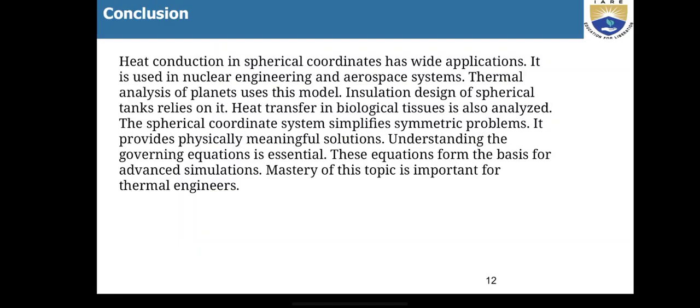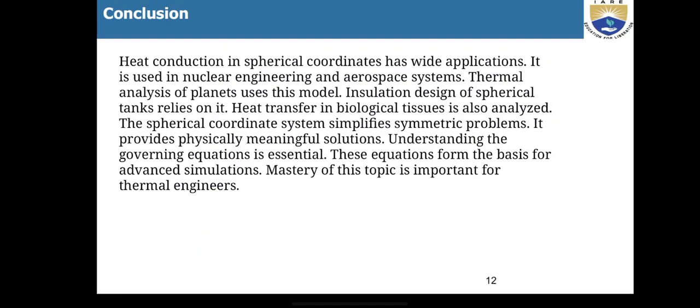Conclusion: heat conduction in spherical coordinates has wide application. It is used in nuclear engineering and aerospace systems. Thermal analysis of planets uses this model. Insulation design of thermal tanks relies on it. Heat transfer in biological tissues is also analyzed.